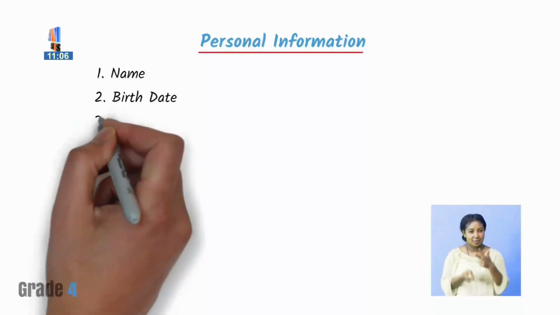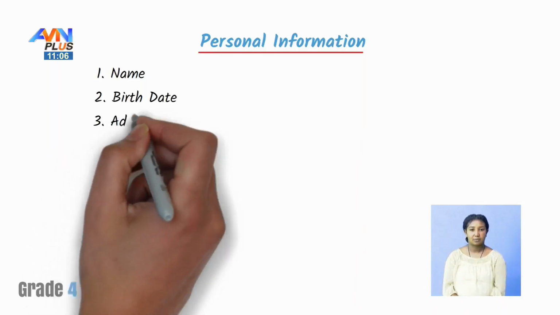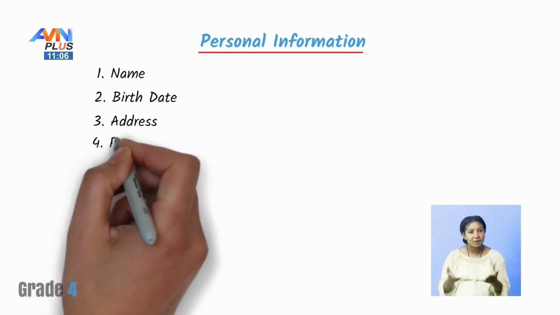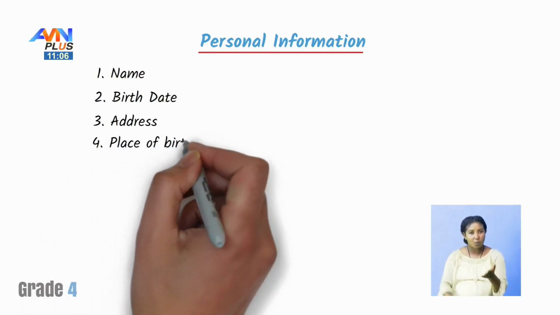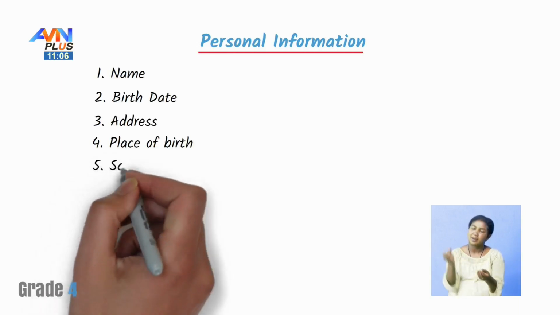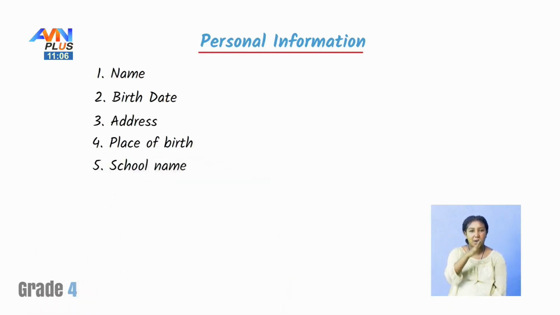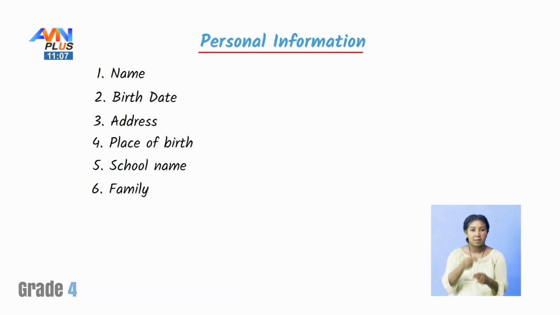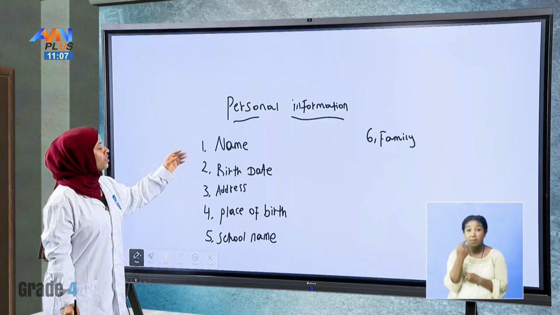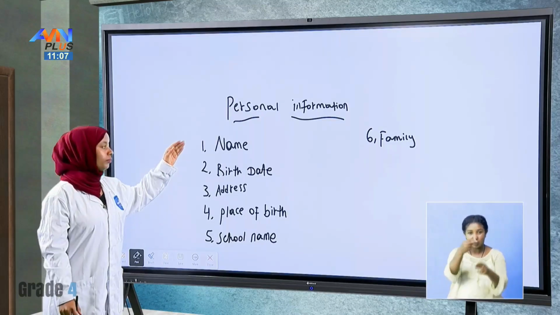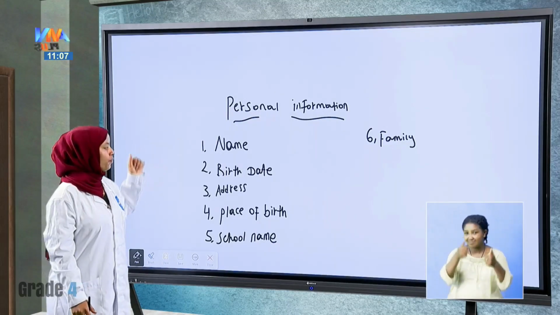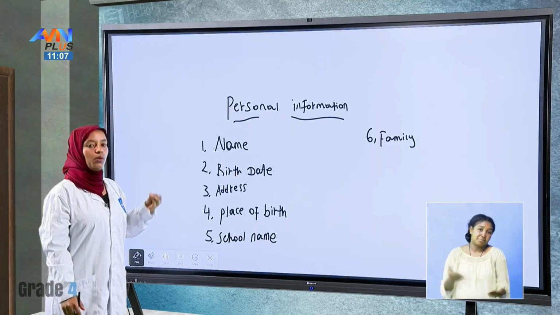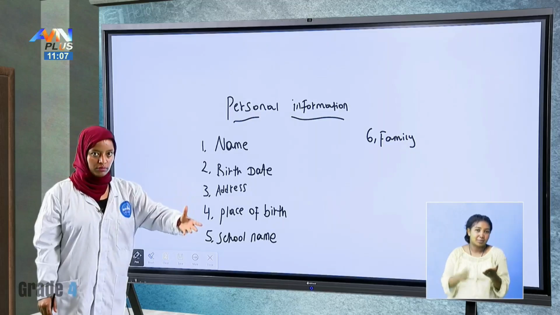Number three, the next one is address. Your address, where do you live now? And place of birth, the place you were born, and also school name. And we can also add parents' names, family, or guardians' names. So students, just answer these questions. What's your name? Bravo. Date of birth? You can say, I was born in this time.